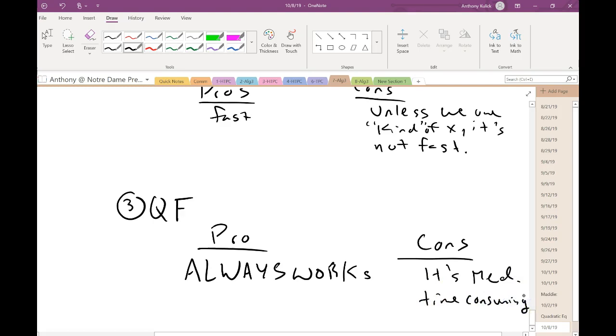It's not quite as fast as factoring when the factoring is easy. Not quite as long as having to solve directly if it's not in a convenient form. It's kind of like a medium time consumer. But it always works, which is nice. You don't have to deal with that, although you might have to do some rearranging before it's able to work. But that's the gist of it.